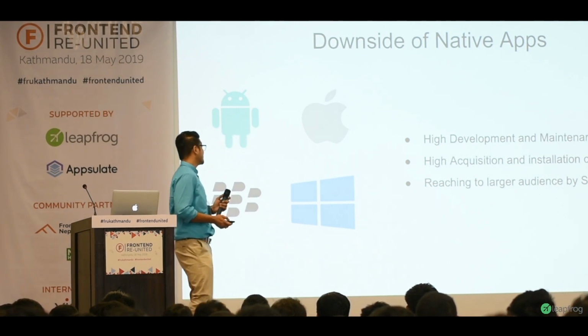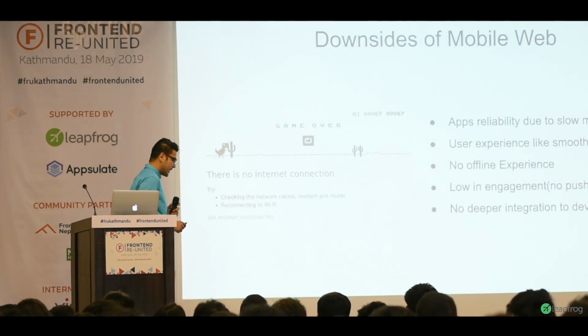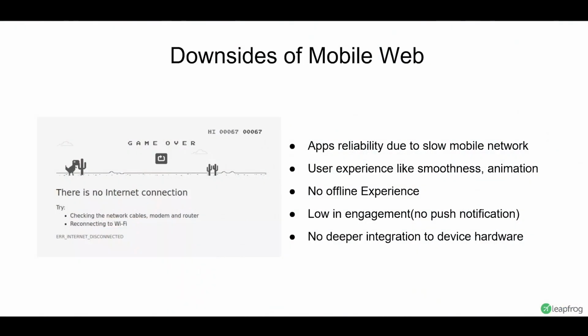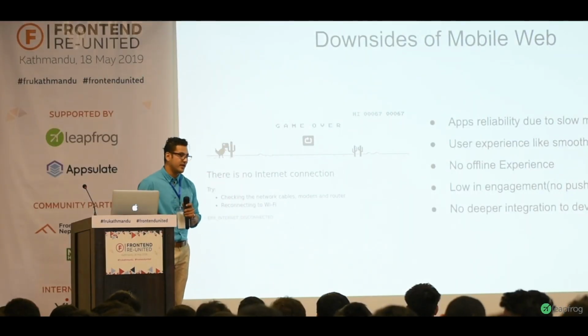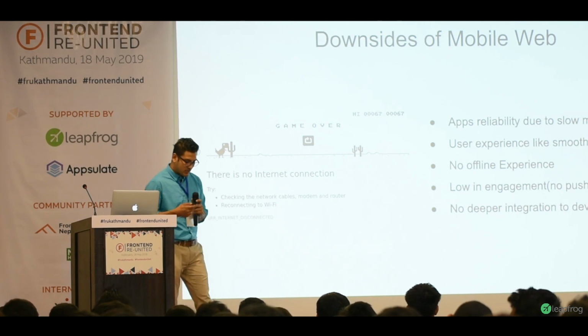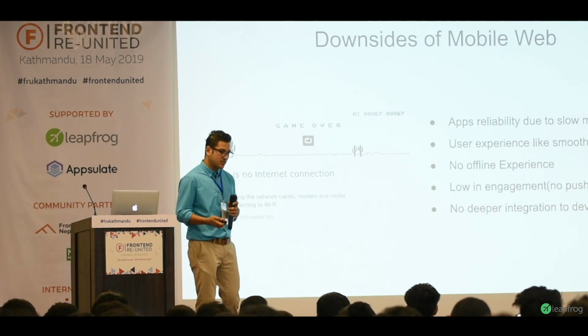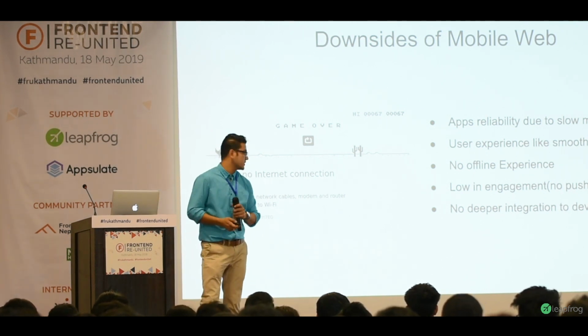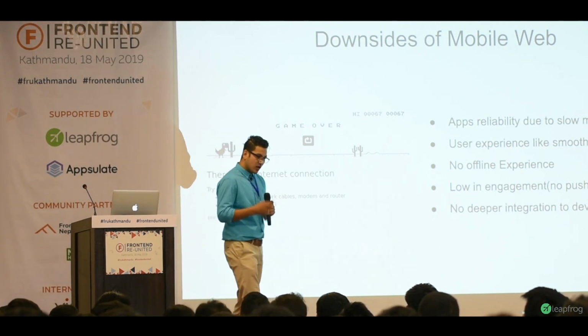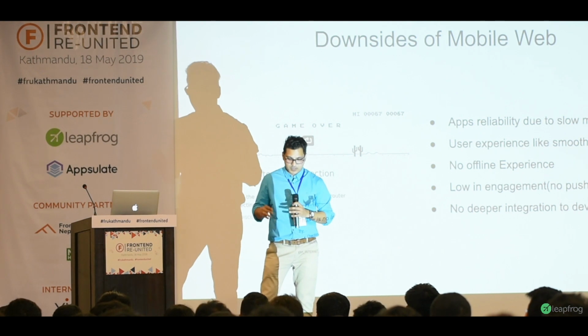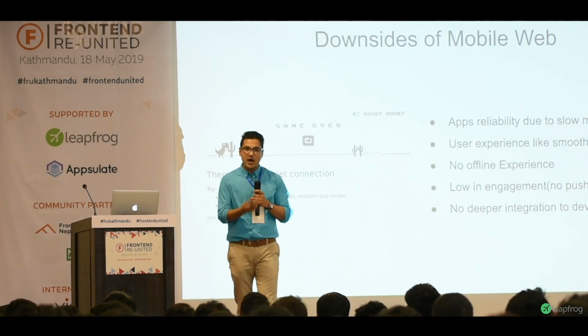On the other side, we have some downsides of the mobile web too. The mobile web doesn't give us an offline experience by default, unless extensively defined. It has very low engagement because it doesn't support push notifications, and no deeper integration with the hardware, because there's always a browser engine between the front end and hardware-level access.